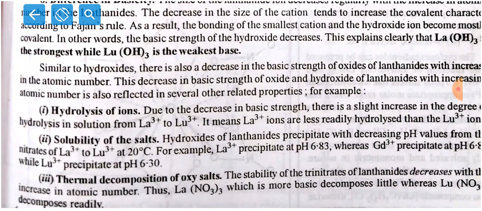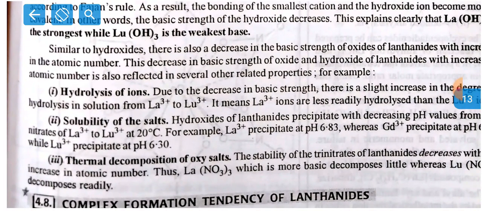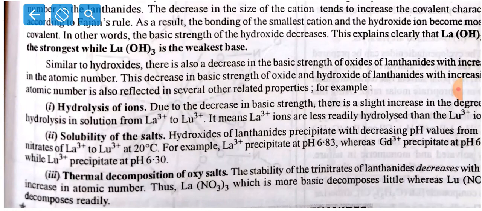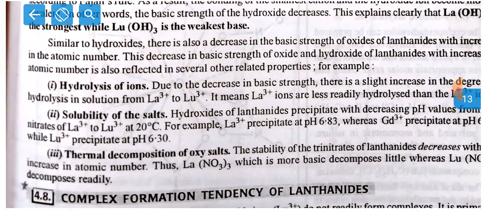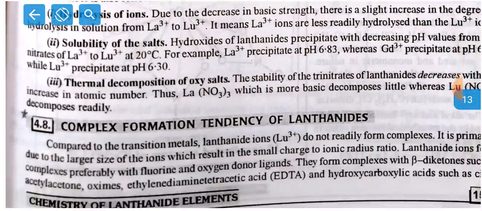Third is the thermal decomposition of oxyacid salts. The stability of the trinitrates of lanthanoids decreases with the increase in atomic number. Thus lanthanum nitrate, which is more basic, decomposes little, whereas lutetium nitrate decomposes readily.